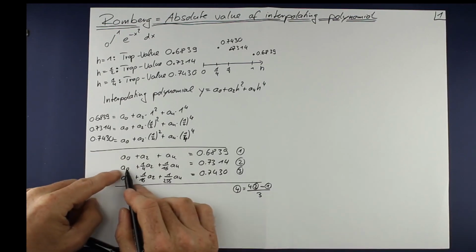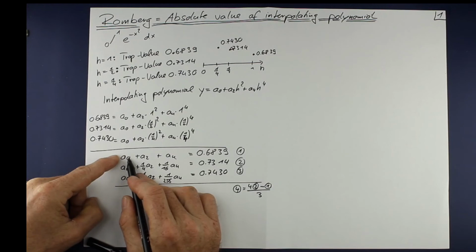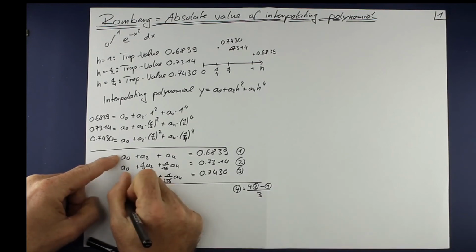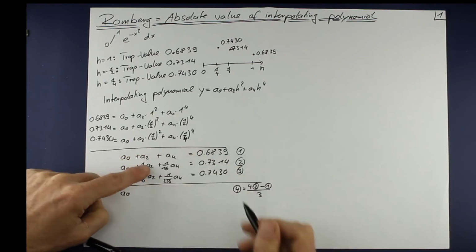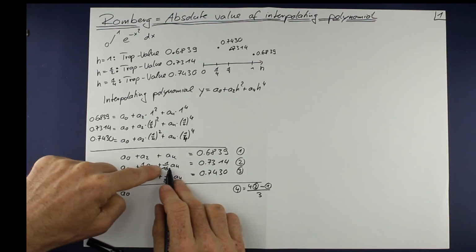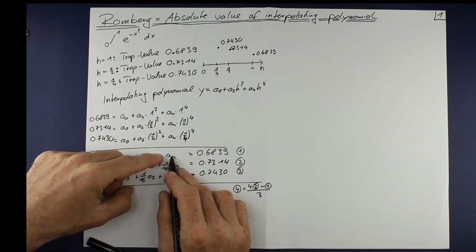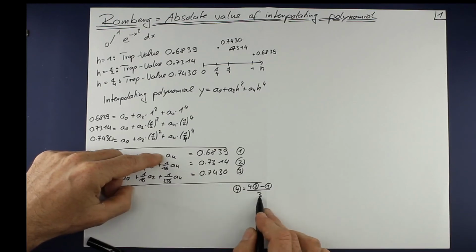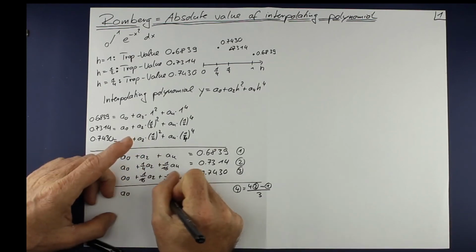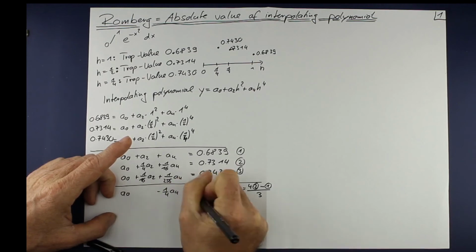4 times that minus that is 3A0 divided by 3, so we have A0, this cancels, and here we have a quarter minus 4 quarters, so minus 3 quarters divided by 3, minus 1 quarter times A4.